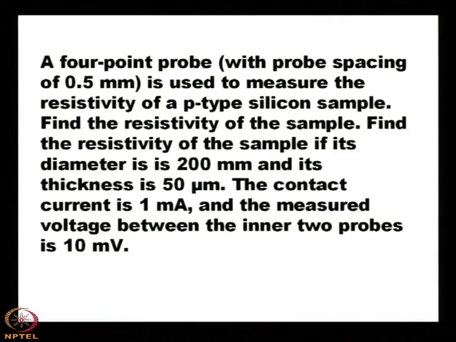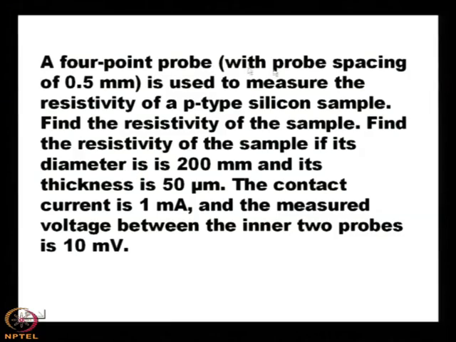A 4-point probe with probe spacing of 0.5 millimeter is used to measure the resistivity of a p-type silicon sample.